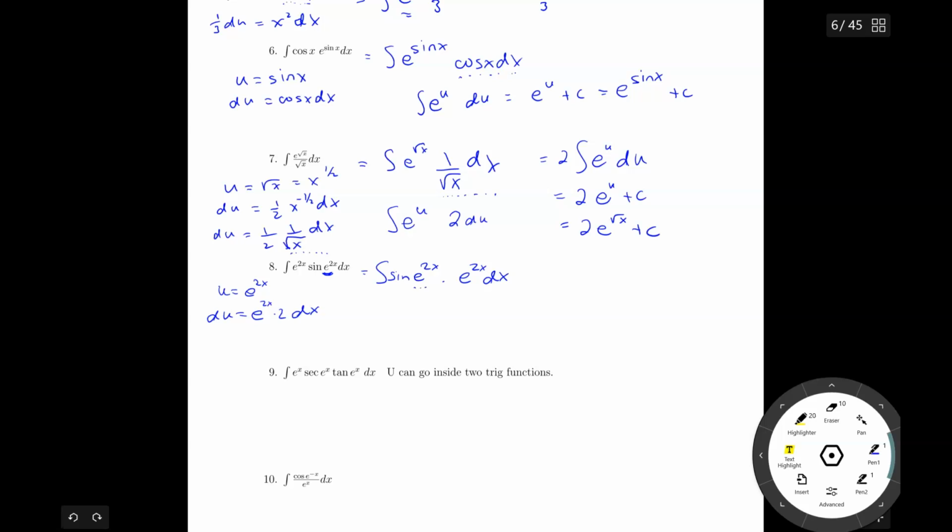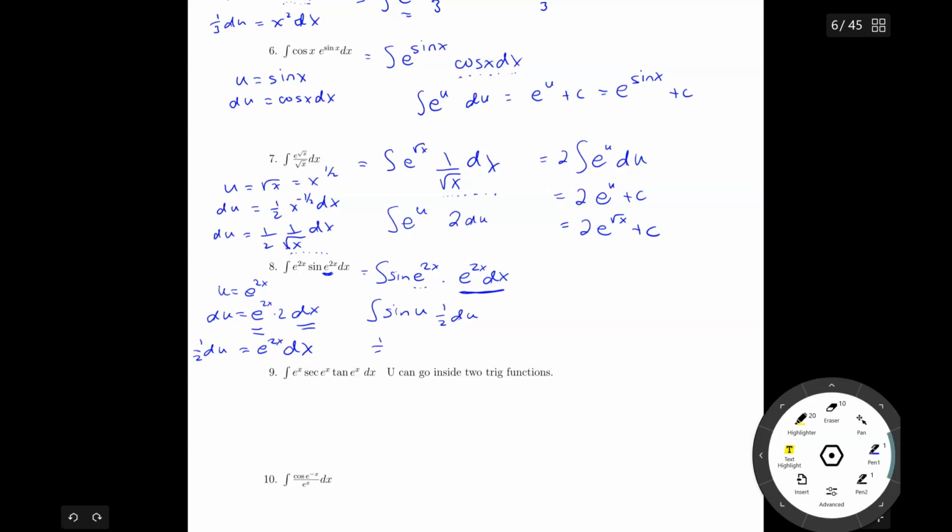So I can put the u in here, but be careful not to put the u here, because remember I have to get the du in. So I have to be able to take out this e to the 2x dx to get this du in. So by looking at this, I see that if I multiply both sides by 1/2, I can take out e to the 2x dx and put in 1/2 du.